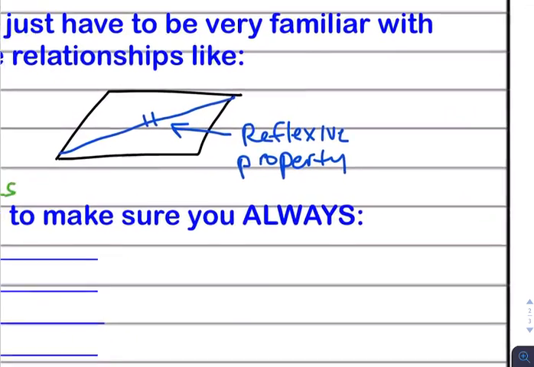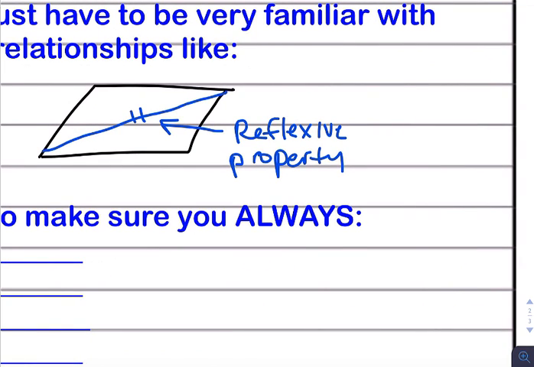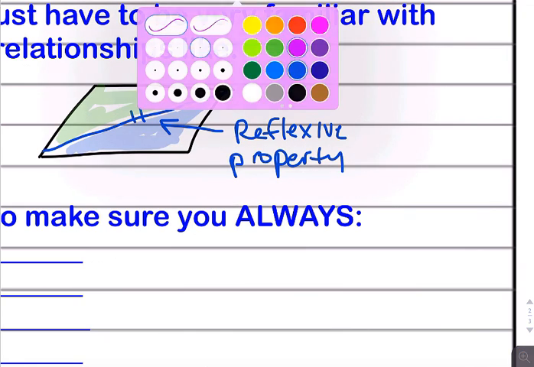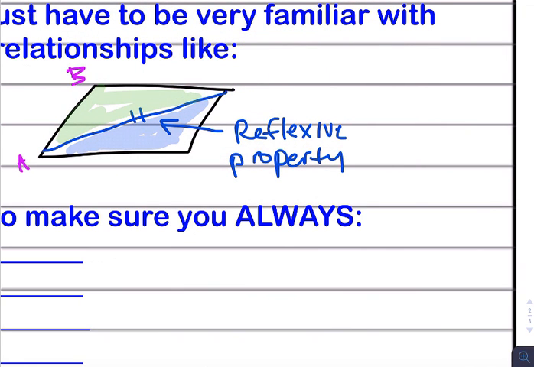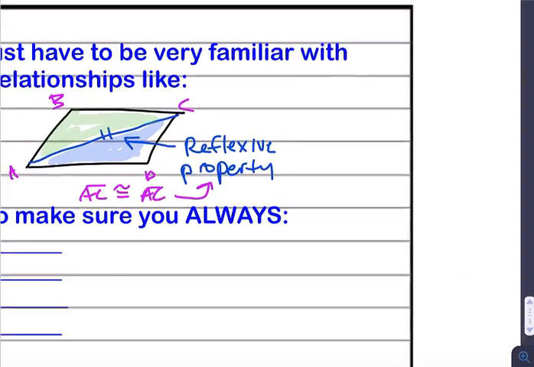And so for the upper triangle and then the lower triangle, this middle side is congruent. If we call this ABCD, I can say AC is congruent to AC because of the reflexive property. That actually justifies it. So I know that's congruent for both the green and the blue triangles.